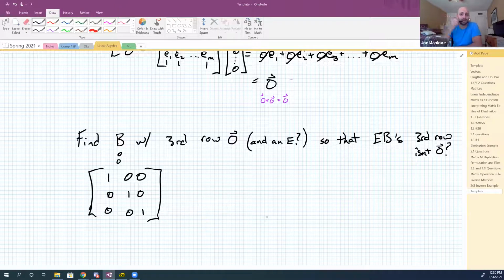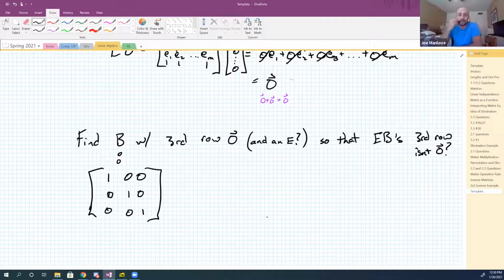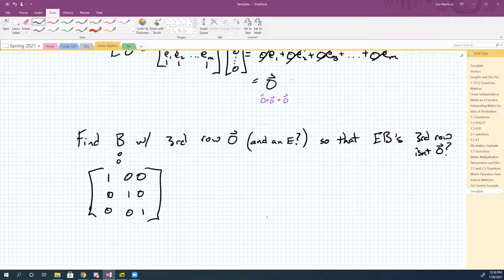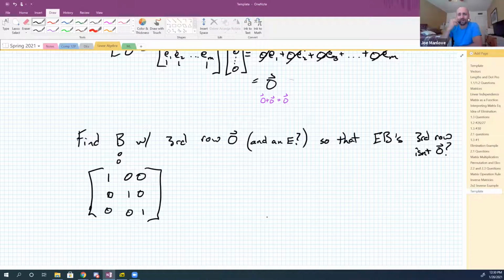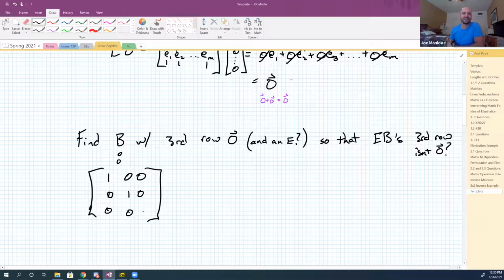All zeros? Guys, the suspense is killing me here. Is the third row of this matrix all zeros? No. No! This was an abject failure. We have to do better. How do we make the third row all zeros? Make the last one a 0. Yeah, get rid of that guy. You guys with me on this?